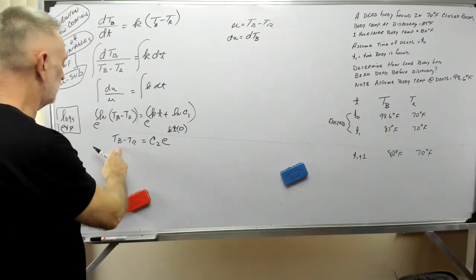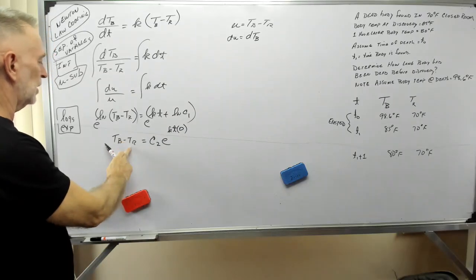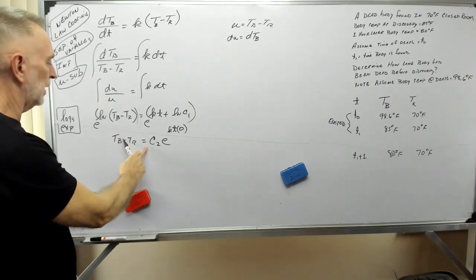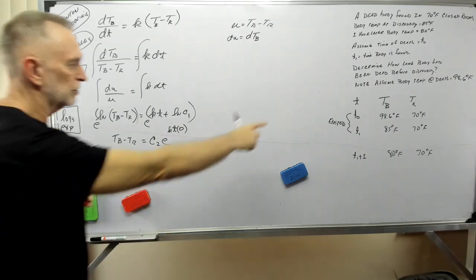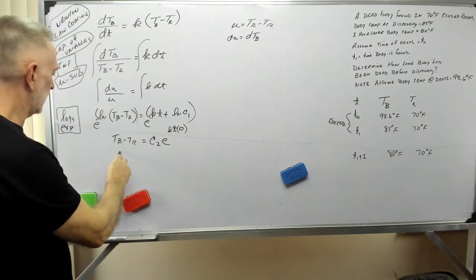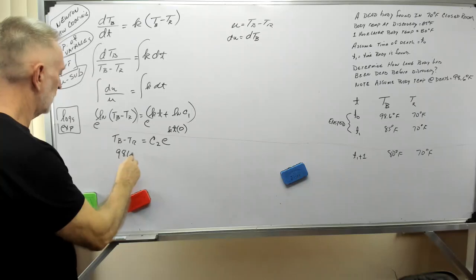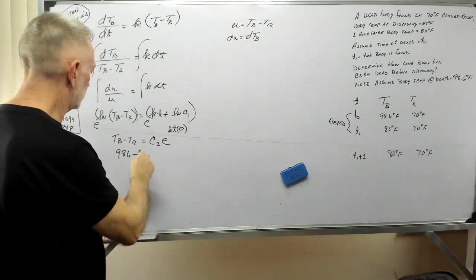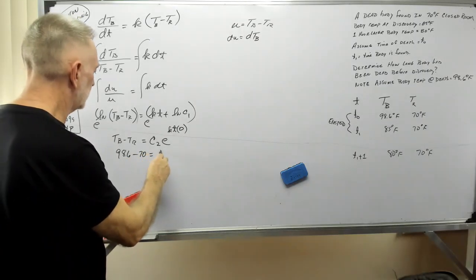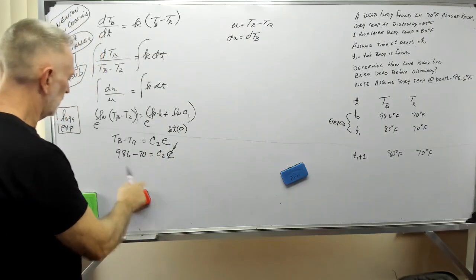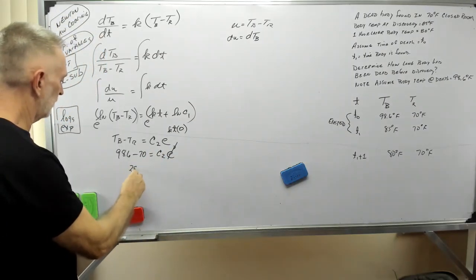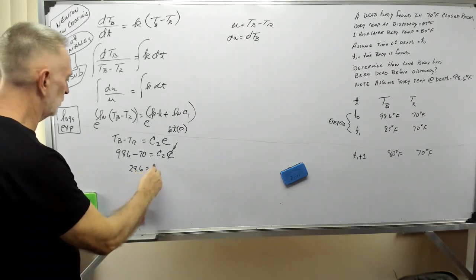So T sub b, the temperature of the body minus the temperature of the room, equals C2 when time equals 0. So what is T sub b? 98.6 minus 70, and that equals C2 e to the 0, and that's 1, right? So I have 28.6 equals C2.